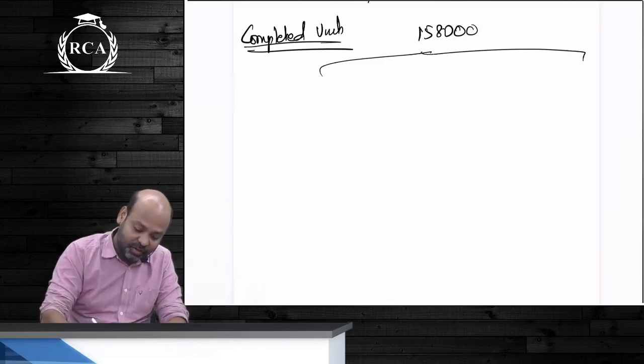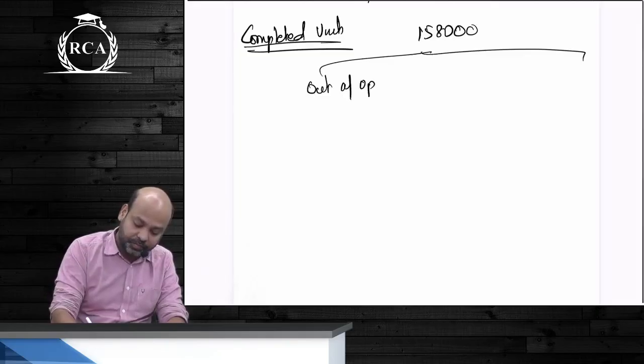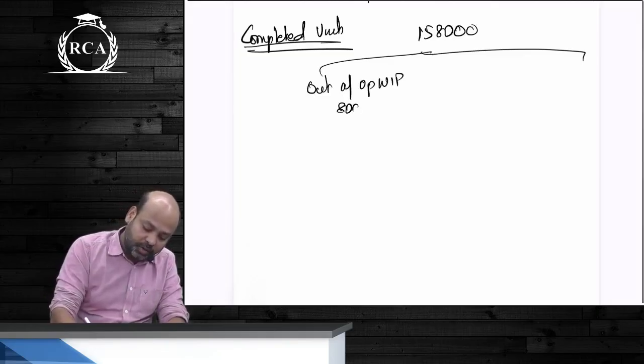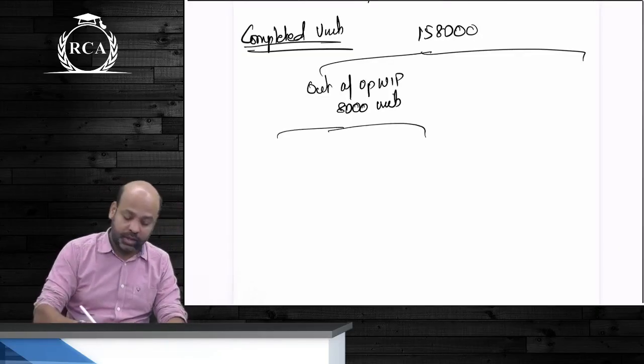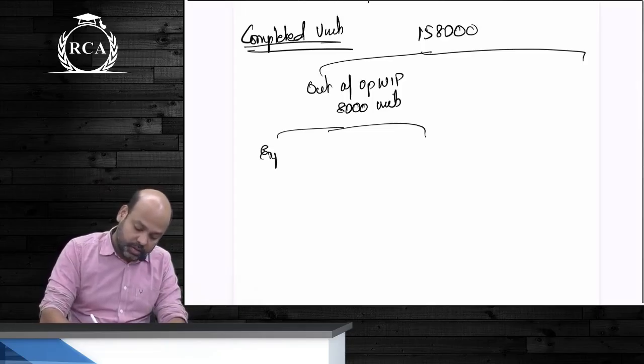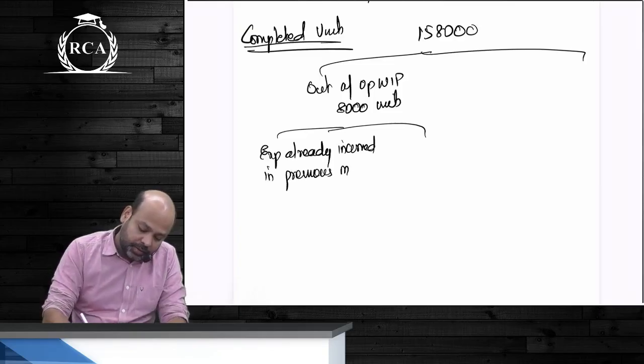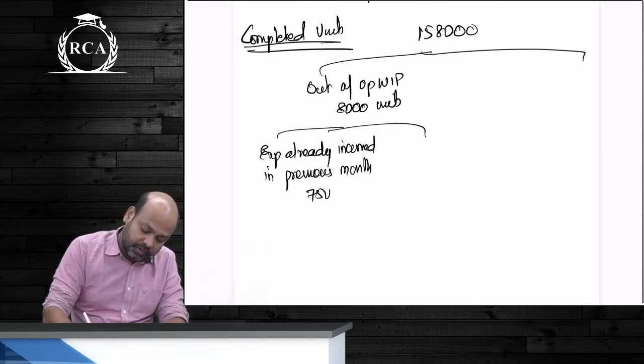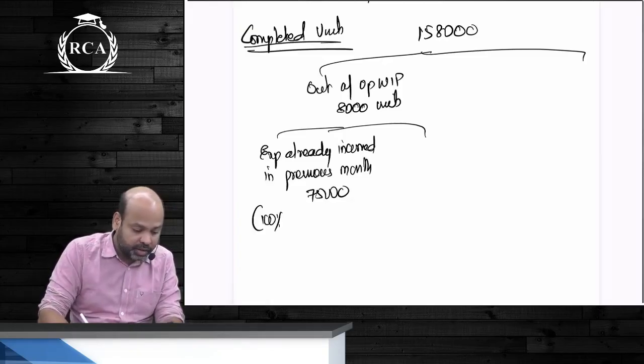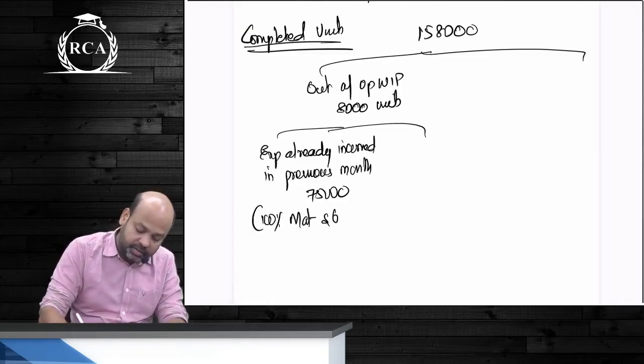1,58,000. How much is out of opening work in progress? Out of opening work in progress is 8,000 units. This also you will divide into two parts. What is that? Expenditure already incurred in previous month. How much is the amount of expenditure already incurred in previous month? 75,000. This will be in respect of 100% material and 60% labor and overheads.